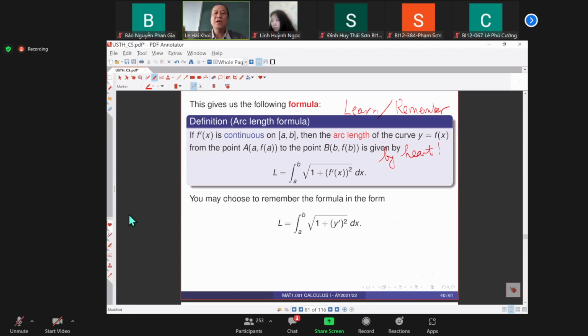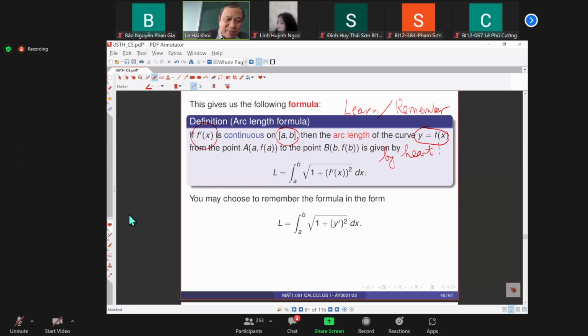Suppose you have a curve y equals f of x defined on the interval [a, b], and more than that, there exists a derivative f prime of x, which is continuous.